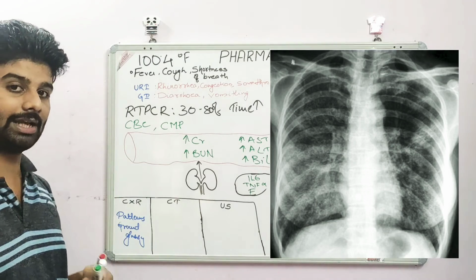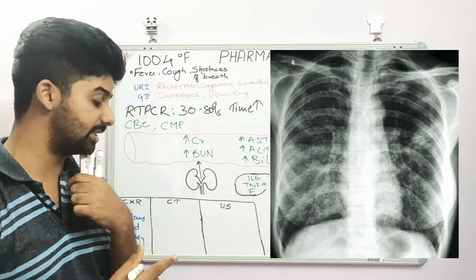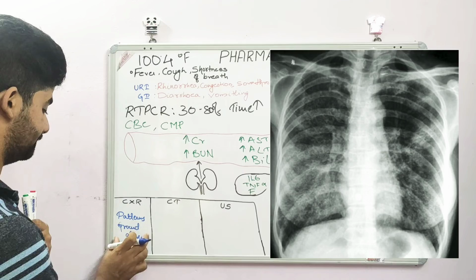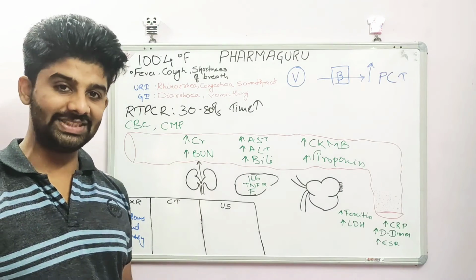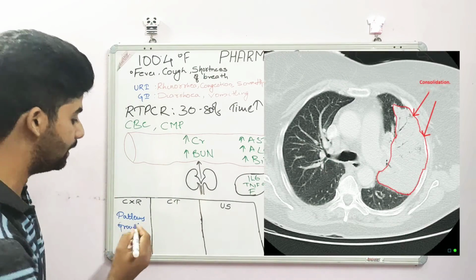The patterns that you are seeing right now in the images are ground glassy patterns. Now when we go for the CT scan, there will be consolidations.